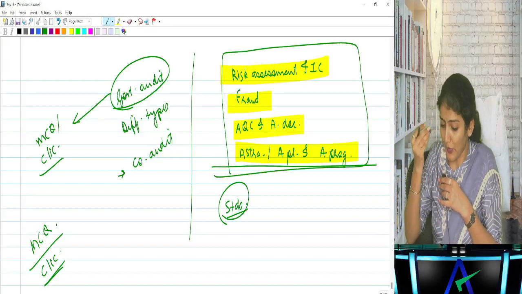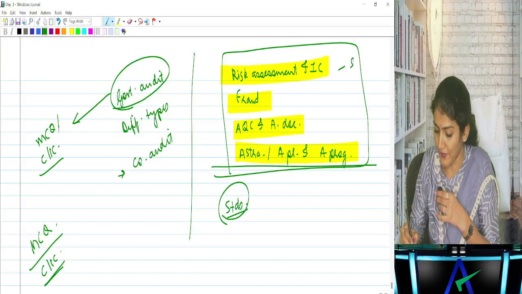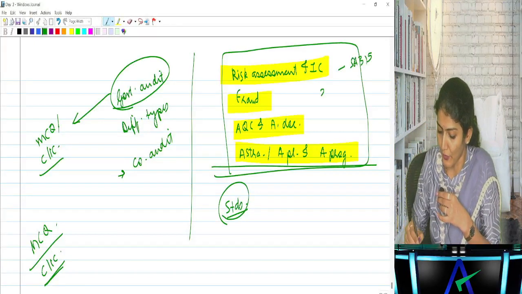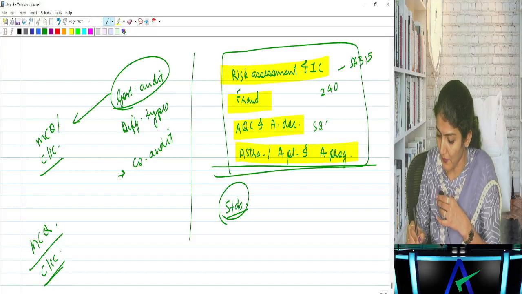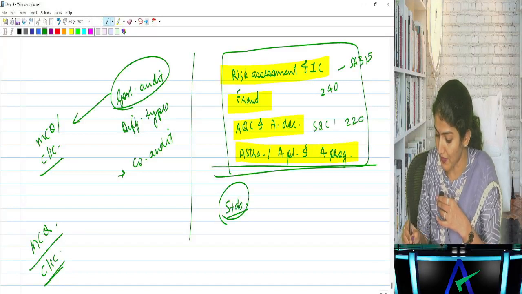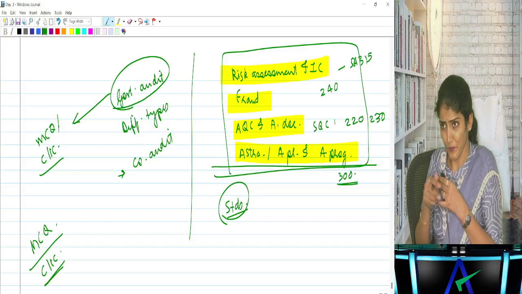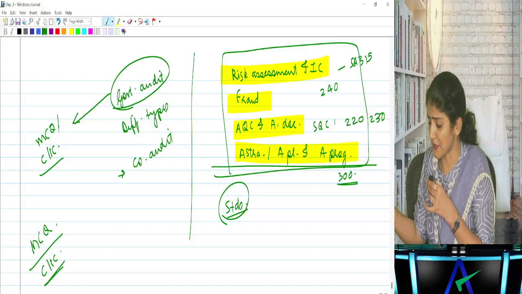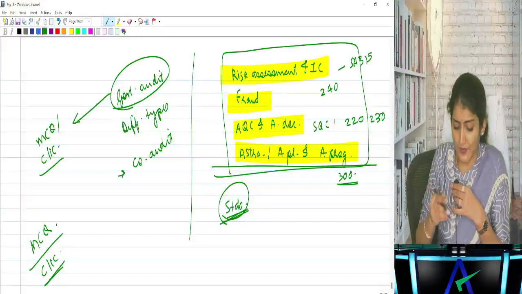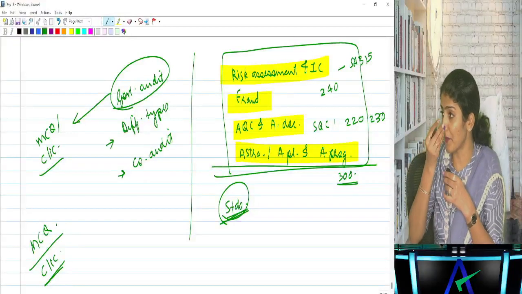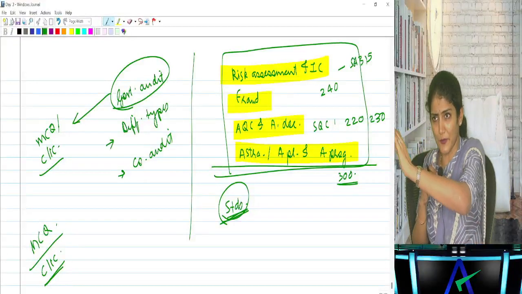Few standards we'll cover here only: 315 will be here, 240 will be here, SQC 1, SA 220, 230 will be done here, right? Then 300 will also get done over here. And we still have a few other standards to be covered, right? So those standards, and then these different types and a little bit of company law, we can keep for the last day.